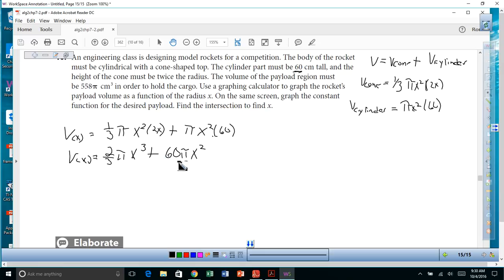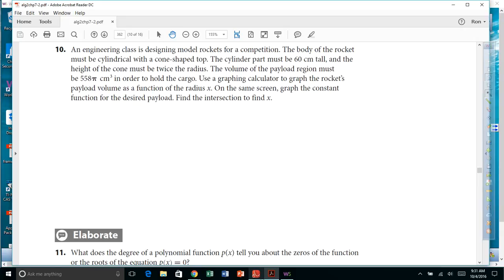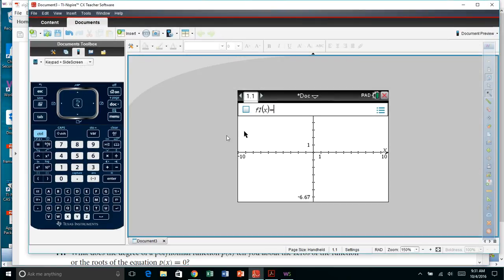So now we need to graph that. And remember, the total volume was 558 pi. So we need to graph both of these. Let's go to our trusty, rusty calculator.